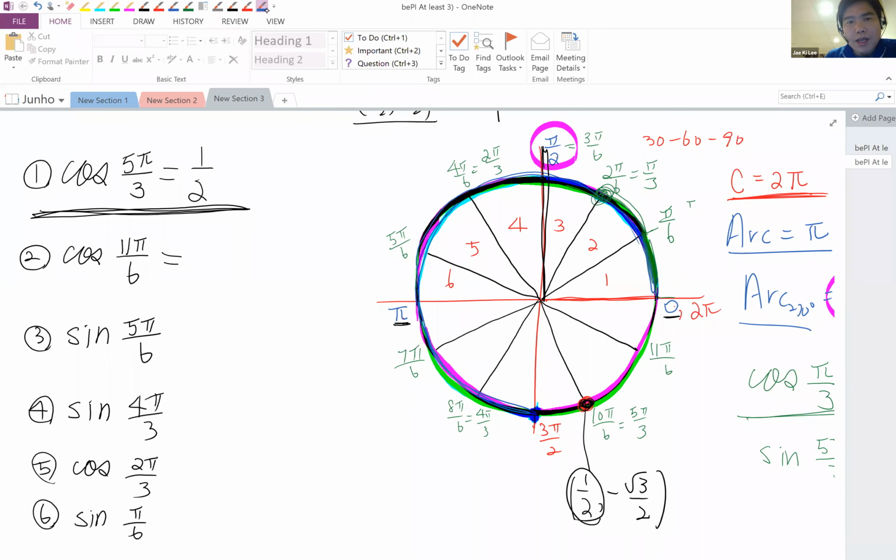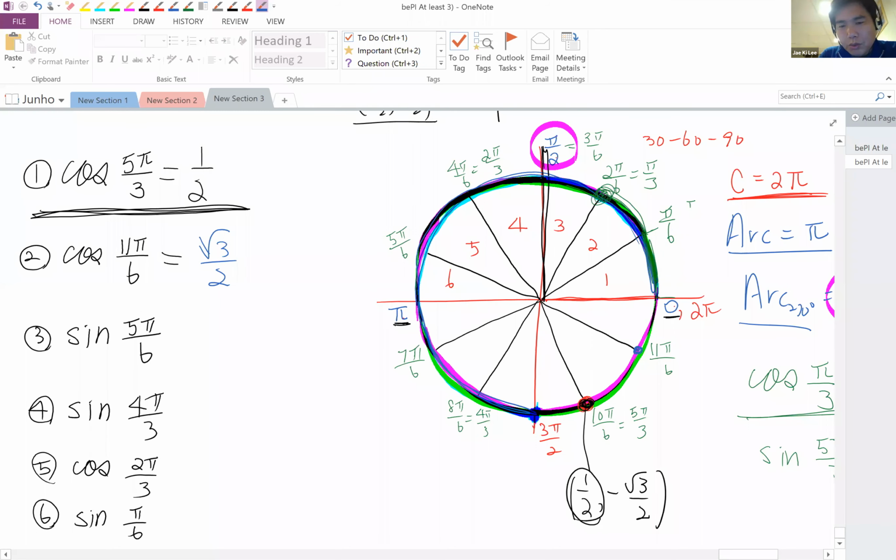So cosine 11 pi over 6. Root 3 over 2, yeah, root 3 over 2, because the point is right here.